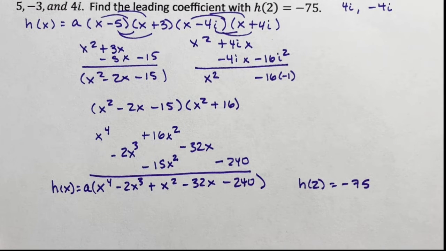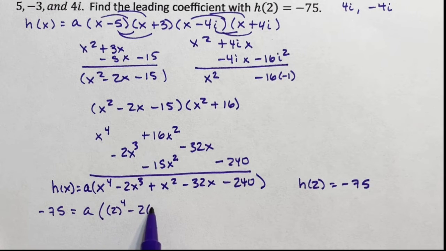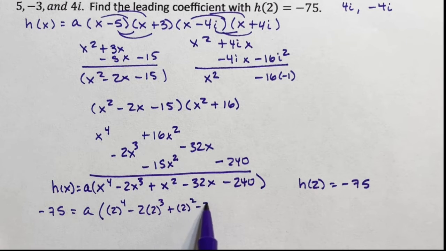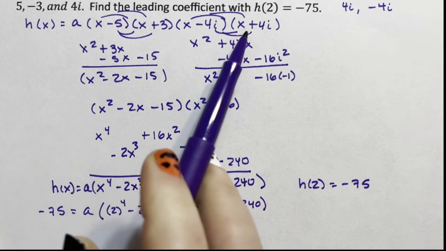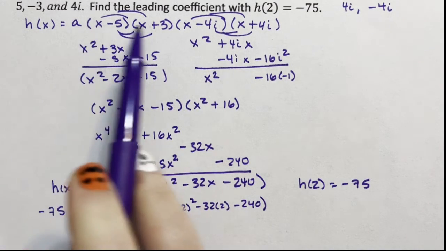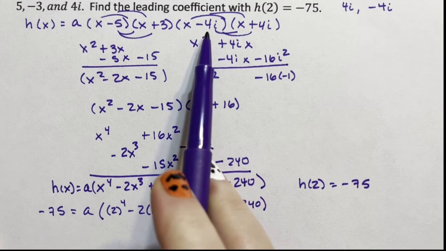So what we're going to do is say -75 equals a times 2 to the fourth minus 2 times 2 cubed plus 2 squared minus 32 times 2 minus 240. This could have been easier up here, as long as you have a calculator that does imaginary numbers.